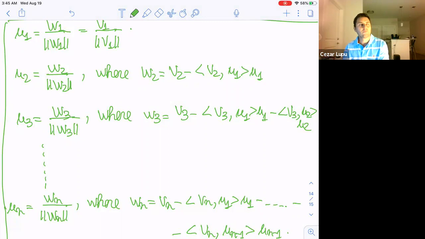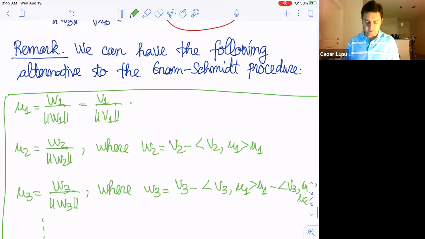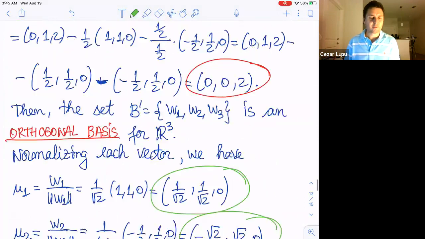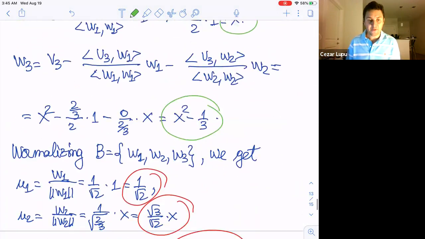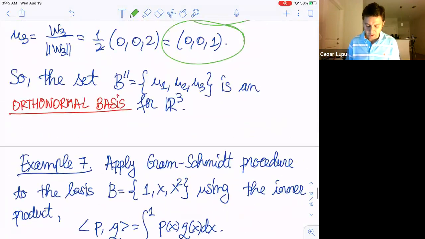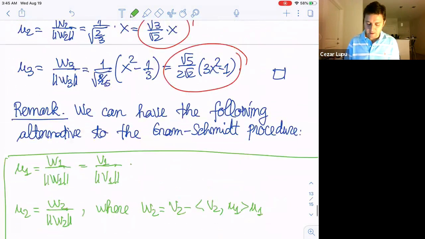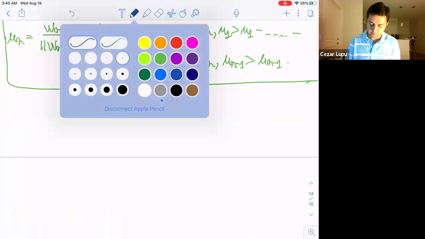Well, let's do one more example, because I want to show you also how to solve a homogeneous system of linear equations using this. Why not? So this will be example number 8, and I think I'm going to stop after this.